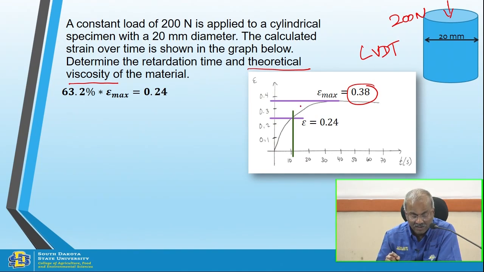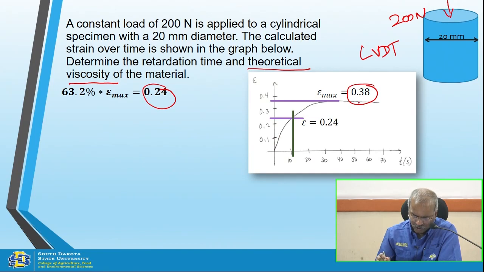First thing first, you are going to calculate the strain the material will have, which is 63.2% of the maximum strain. Maximum is 0.38, so 63.2% of that gives you 0.24.